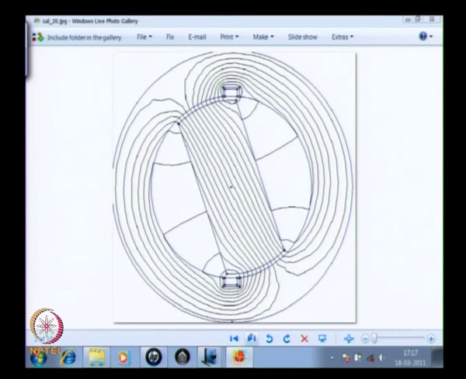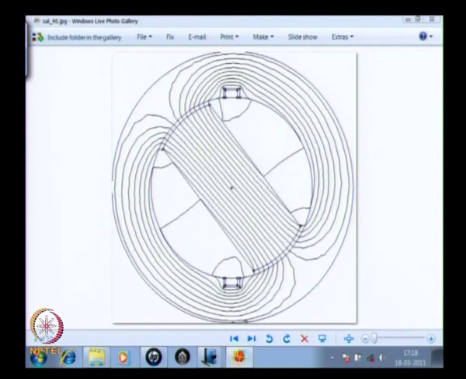Let the rotor rotate a little more. Again you have a rather high flux density region here, and then the flux density falls and you have low flux density and high flux density regions here. Rotor rotates a little more.